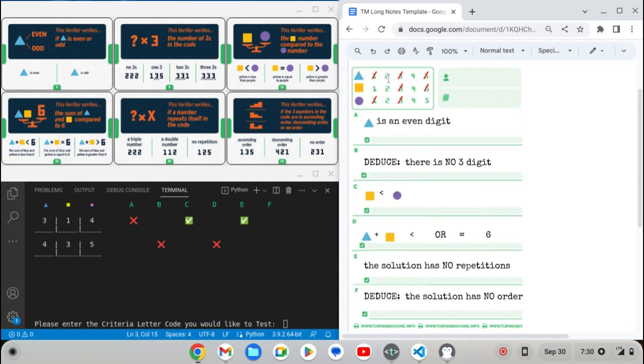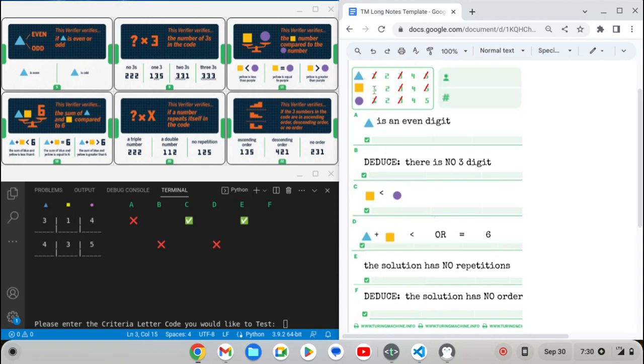You still would have to pick from 2 or 4, and both of those work. So it seems like it couldn't be a 1, because how would you distinguish between triangle being 2 or 4?